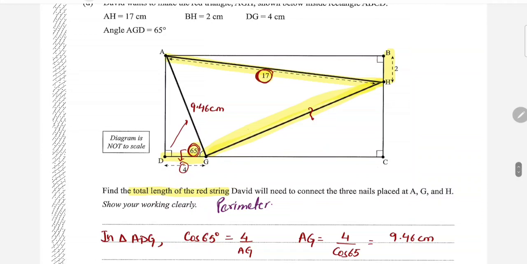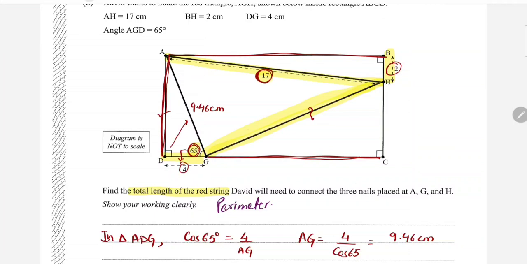We have 17. We have 2. We can find the length of AB. And because it is a rectangle, the length of AB and GC is going to be the same, right?